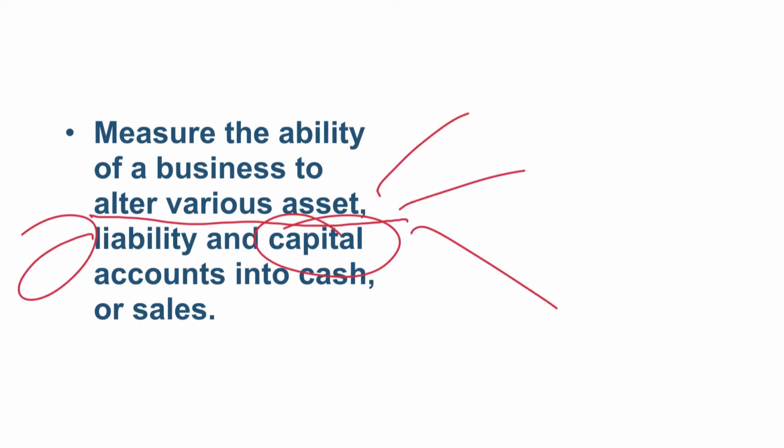And this will allow a business to measure this particular ability, where you're going to take assets of all kinds, fixed, intangible, etc., liability accounts as well as capital accounts, because those liabilities are not our friends. Those are our expenses and other things we do have to be concerned about, but other capital accounts, and how we can convert them all into cash or sales.